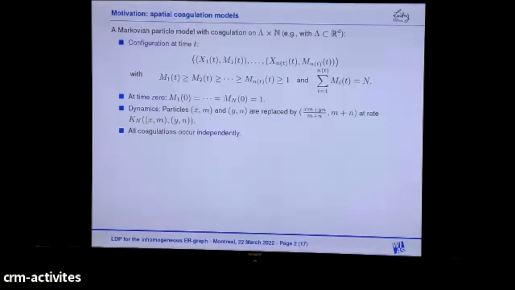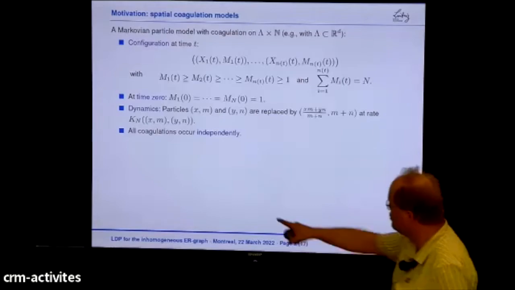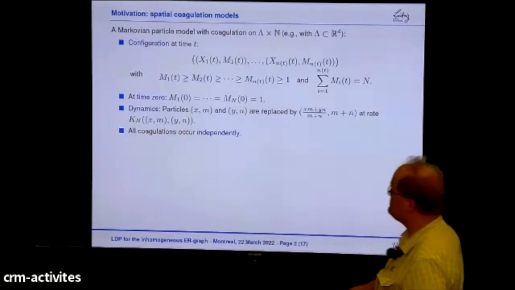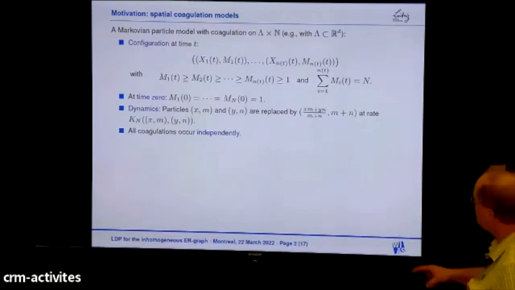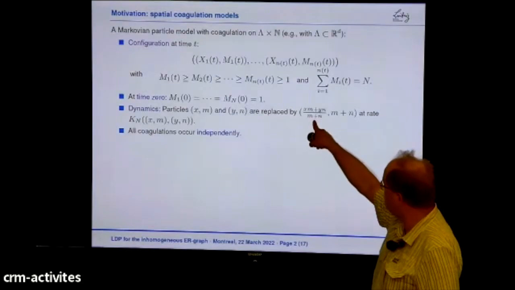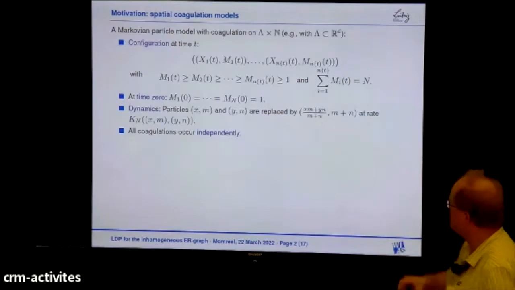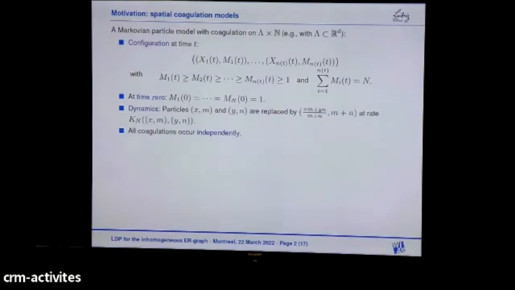And the dynamics is the following. If you have a particle (x, m) and (y, n), which means at the space points x and y and having sizes m and n, then you replace it at a rate of a certain coagulation kernel K_{mn}, which is now given. This is a collection of positive numbers. You replace it by one particle with a mass which sums the two masses of the particles.